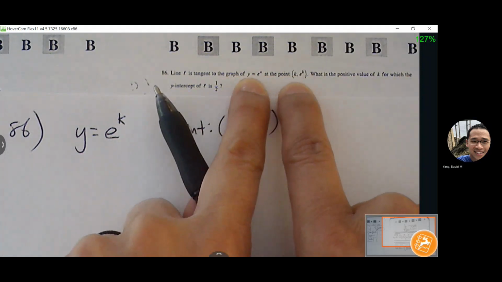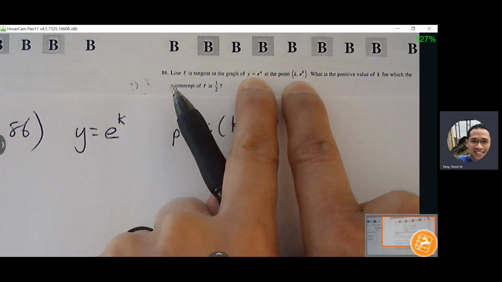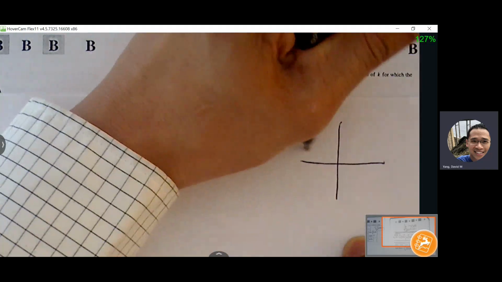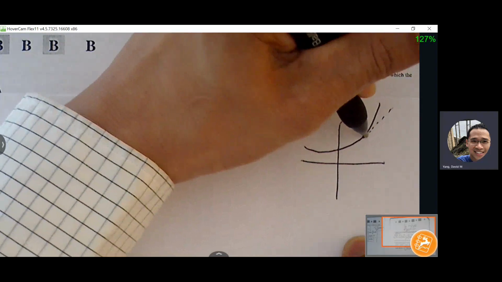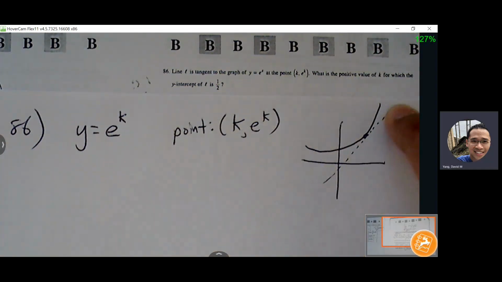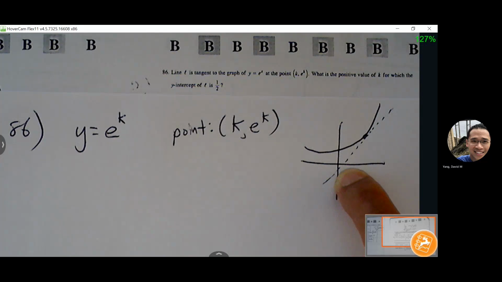Tangent means that it's going to share the same slope at this point as well. So we're trying to figure out the tangent line and eventually what the y-intercept is. Basically we're trying to figure out the equation of this line, and then from there we can track down where that y-intercept is going to be.